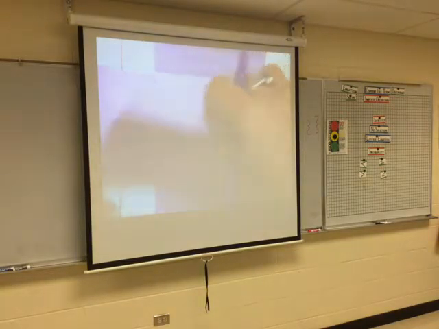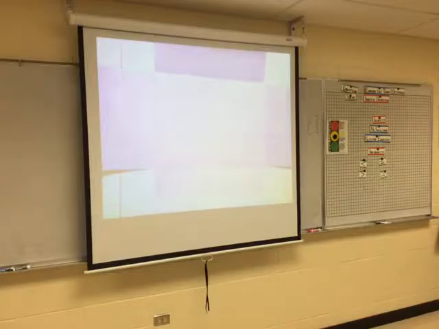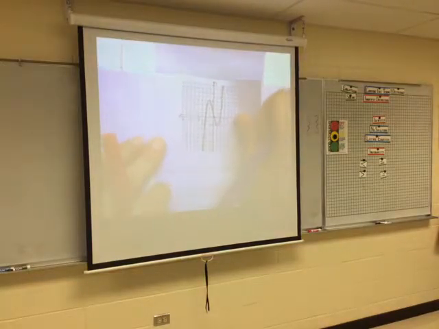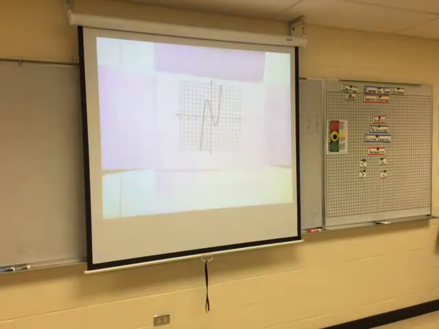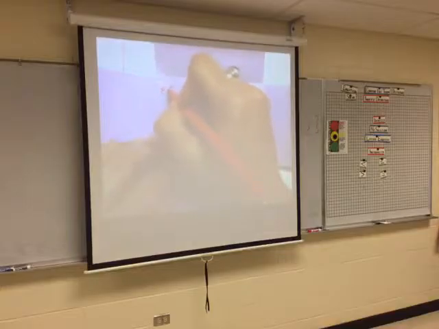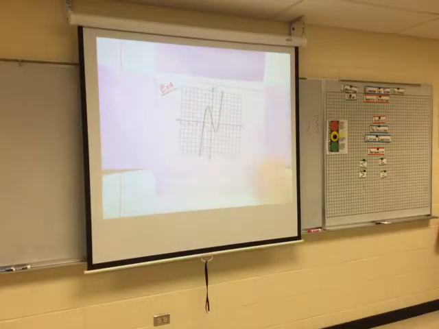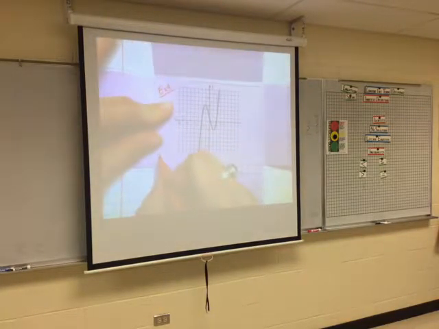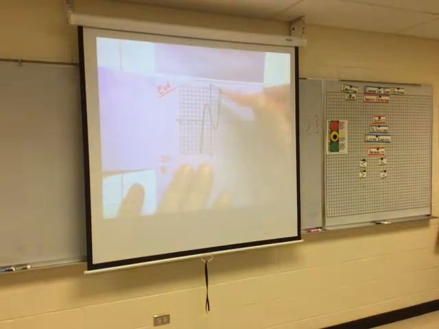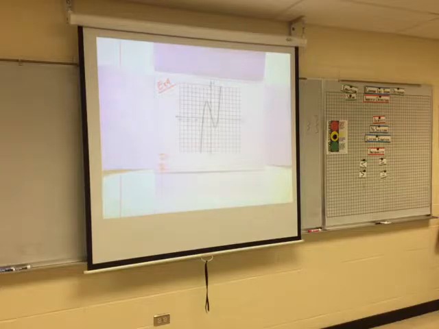All right. Last example for your domain and range finder. Example 4. Domain, range. So we're going to do the curvy one. This is a cubic function, but y'all don't know that yet.